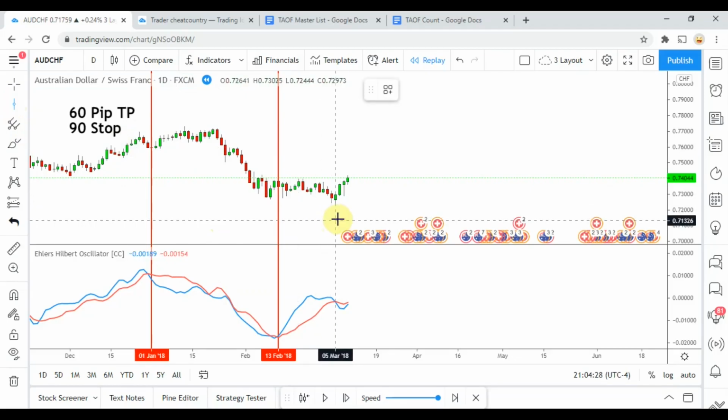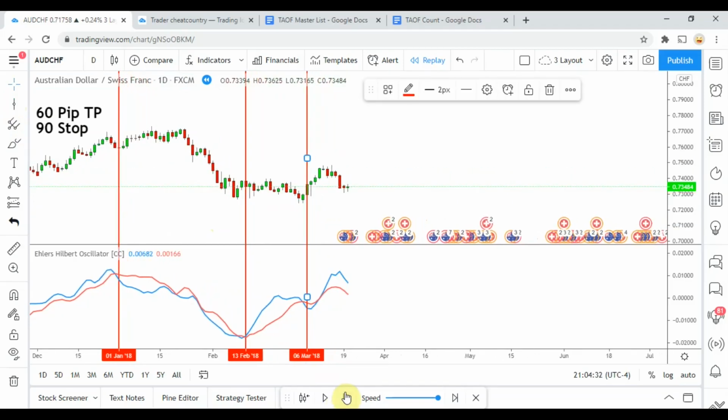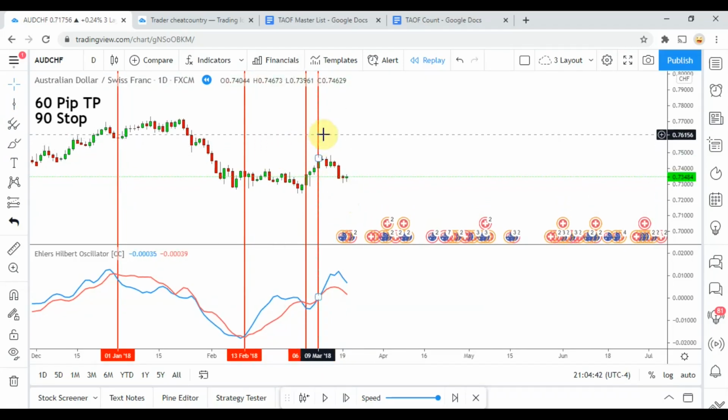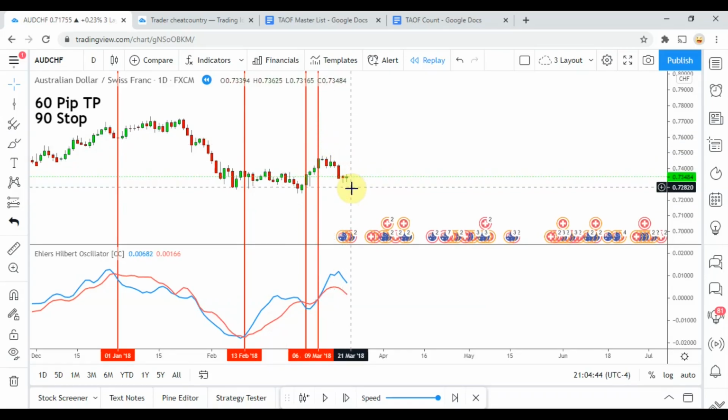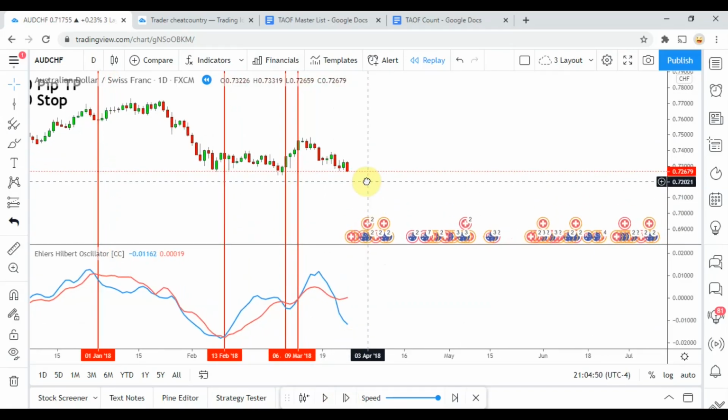All right, so following along here, we then pick up a short right there. And rather quickly takes off on us. Crosses up over here, about right there for a long signal. And then very quickly it comes back down on us and would have stopped us out.